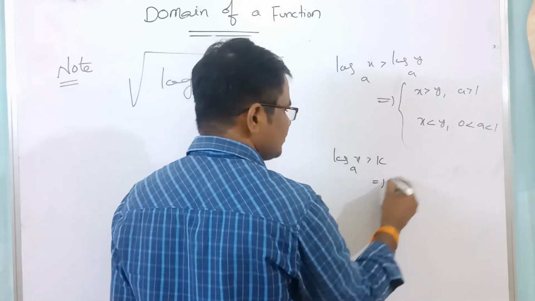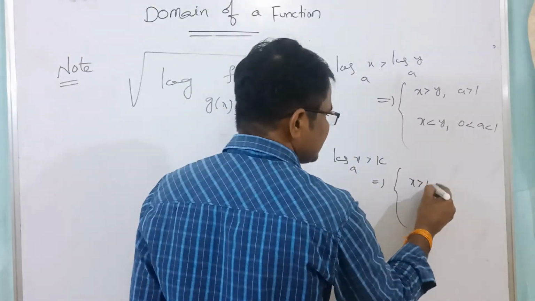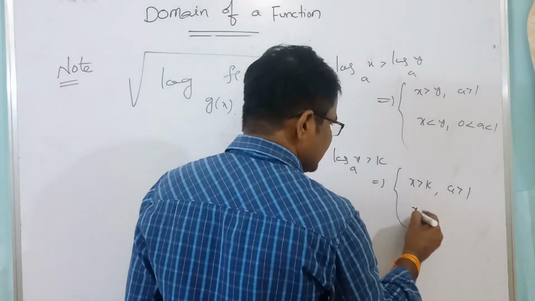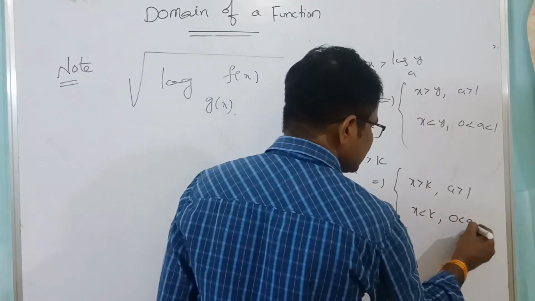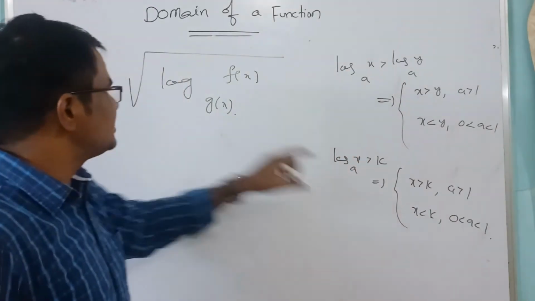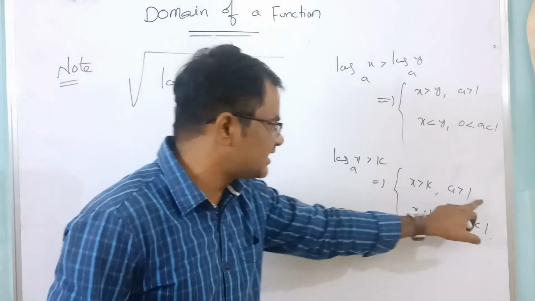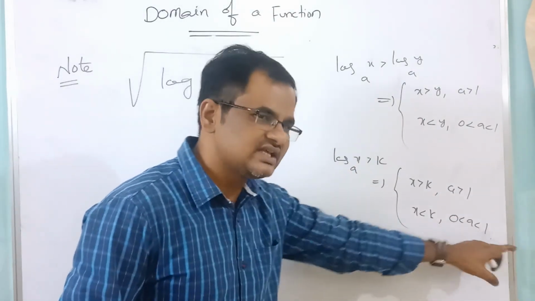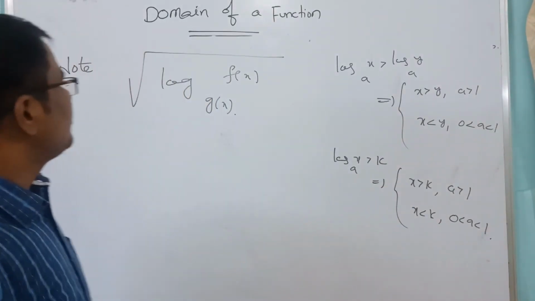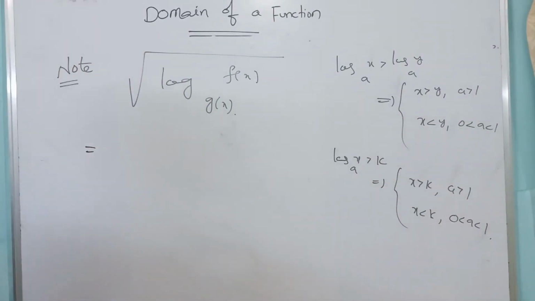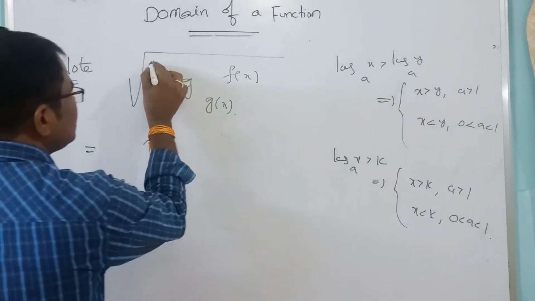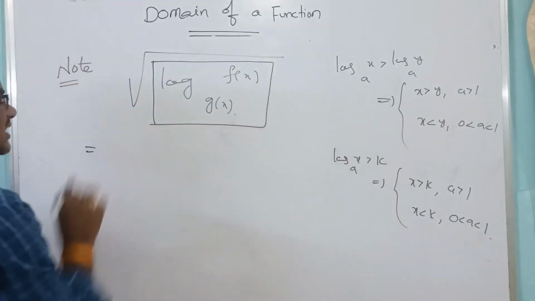The conditions are x greater than k when a is greater than 1, and x less than k whenever 0 less than a less than 1. By these conditions we have to take this. Now see here, we know that an under root value is always greater than or equal to 0.